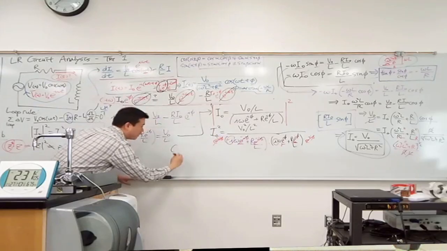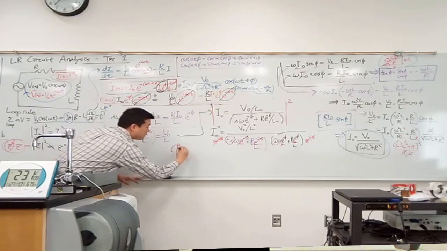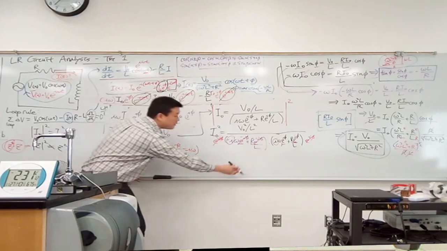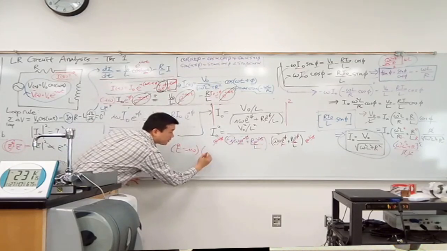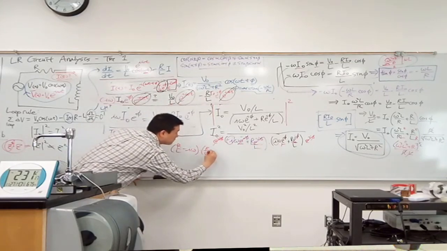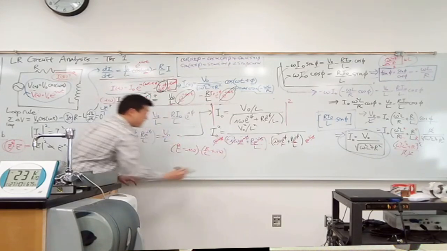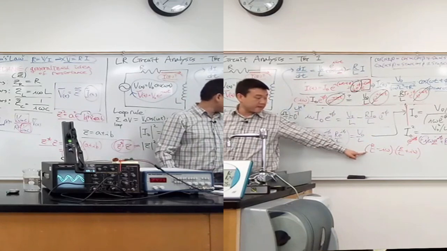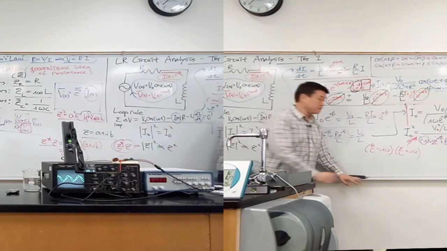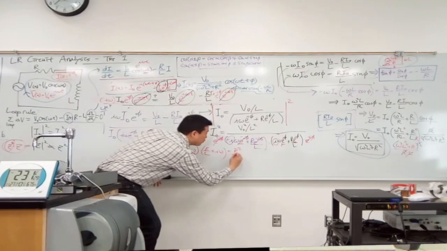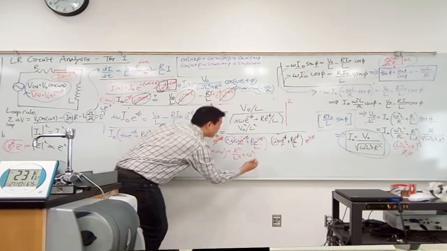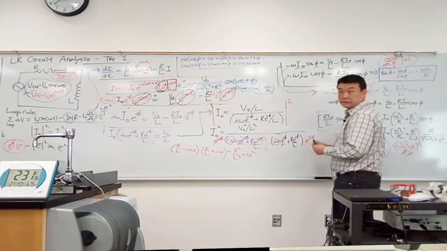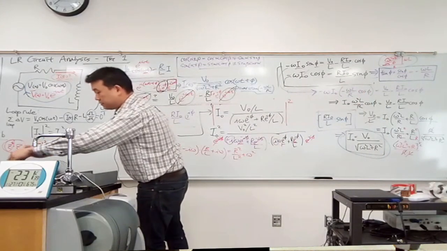So R over L, the real part, first, minus the imaginary part, i omega. And the second term, the real part first, R over L plus i omega. That's the exact same thing I did here with R over L as A, omega as B. So this is equal to R squared over L squared plus omega squared. Good.